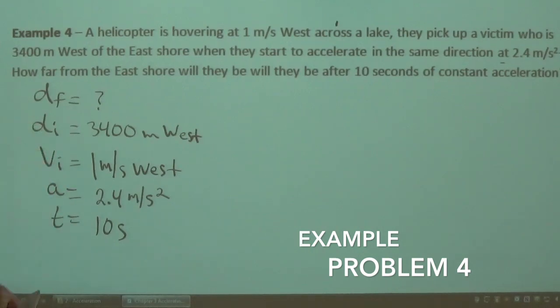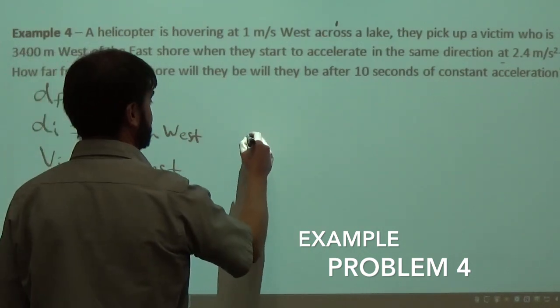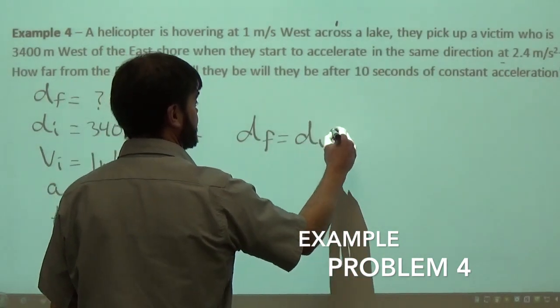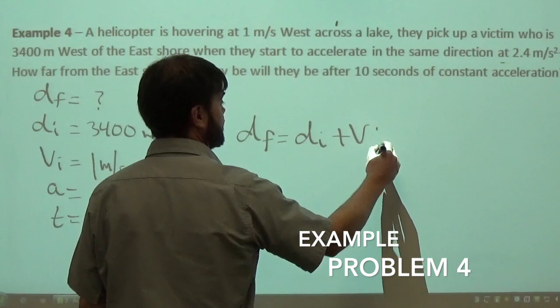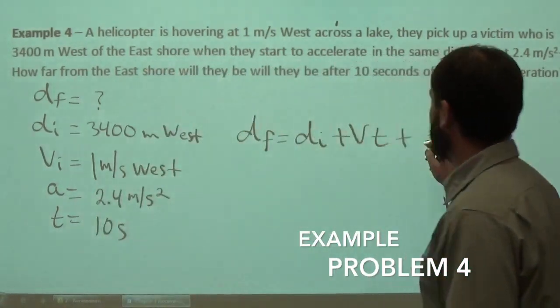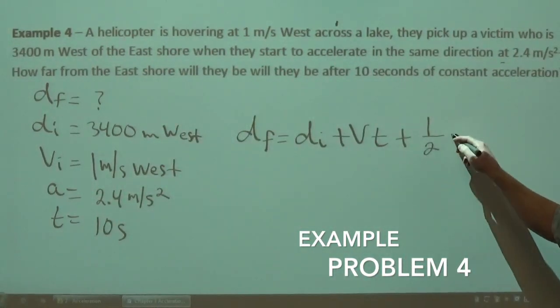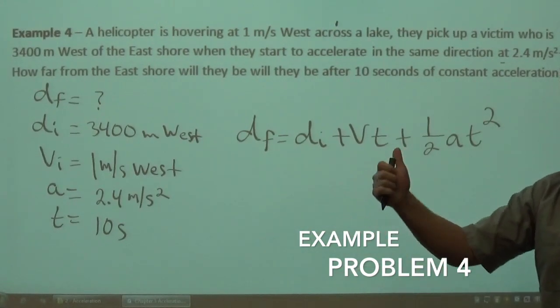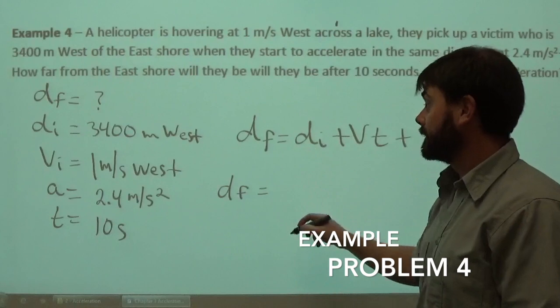So we're trying to find distance final. So our equation is just as we listed before. Distance final is equal to distance initial plus velocity initial multiplied by time plus 1/2 AT squared. So we'll take all the knowns, plug them in, and then solve.